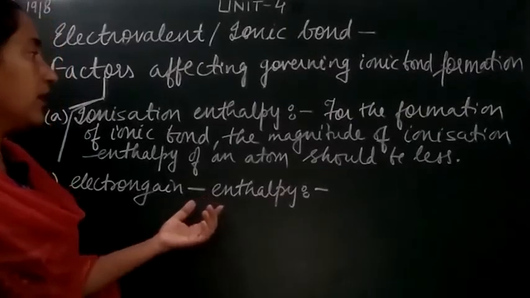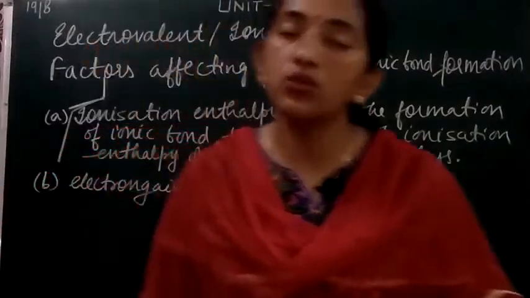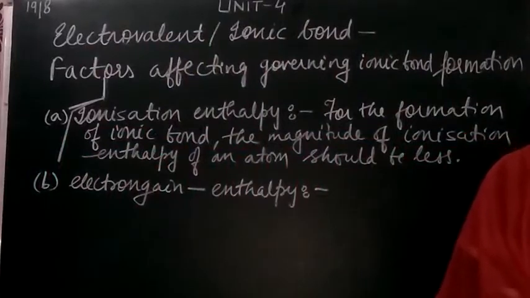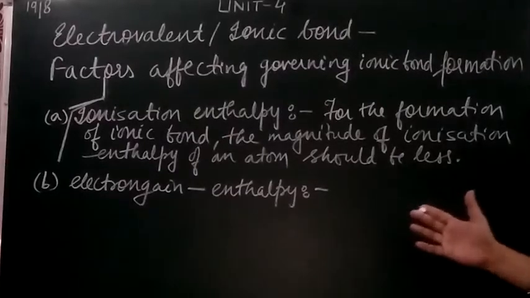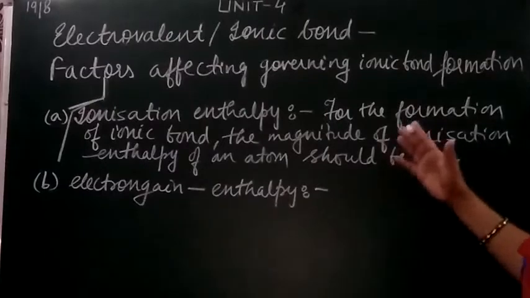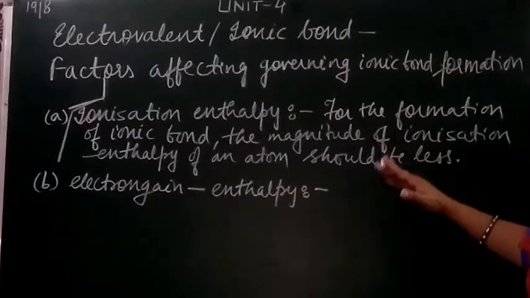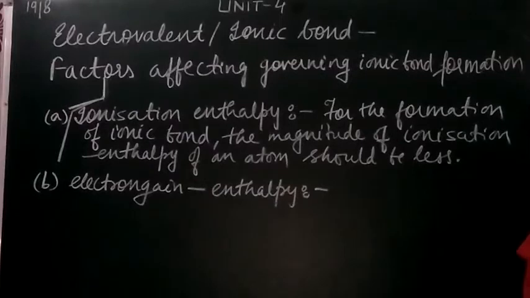If there is more tendency of an atom to accept an electron, its electron gain enthalpy value will be more negative. So if it is exothermic in nature, there will be formation of the ionic bond easily, right? If its value becomes less and less negative, the tendency for the ionic bond formation will also decrease.